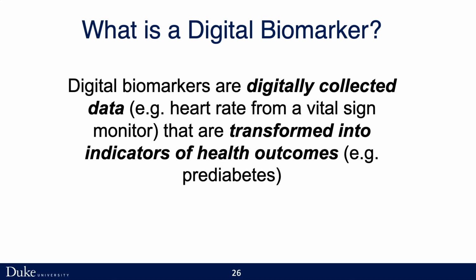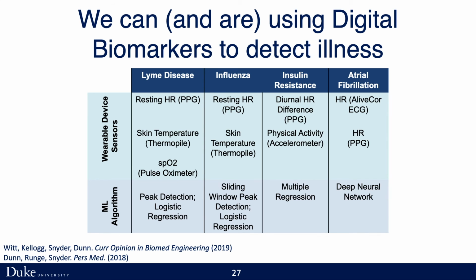And so this concept is not that different from a lot of the current uses of wearable devices for clinical decision making. So there are kind of two major categories that right now are very useful for wearable devices data. One of those is in detecting infectious disease, and the other one is in detecting chronic disease.